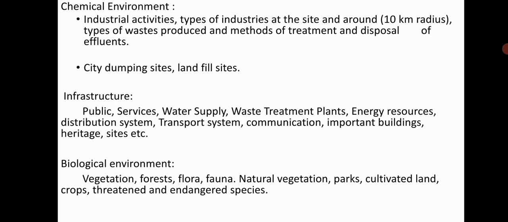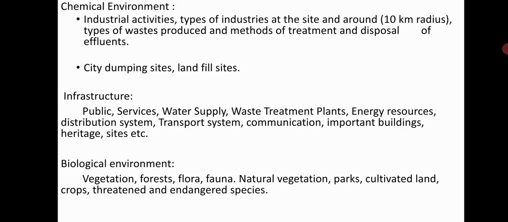Similarly, the industrial activities, the types of waste produced and the methods by which they are handled, and the disposal of effluents, city dumping sites, and landfill sites come under the chemical environment.